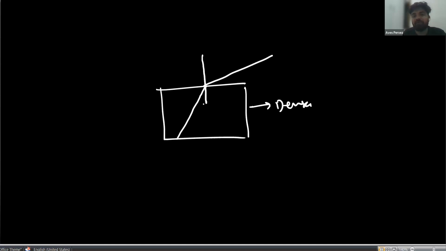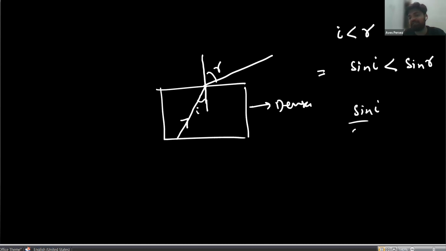Here this is I, and this one is R. In this case I is smaller than R, so sine I is smaller than sine R, and the ratio sine I by sine R will be lesser than 1.